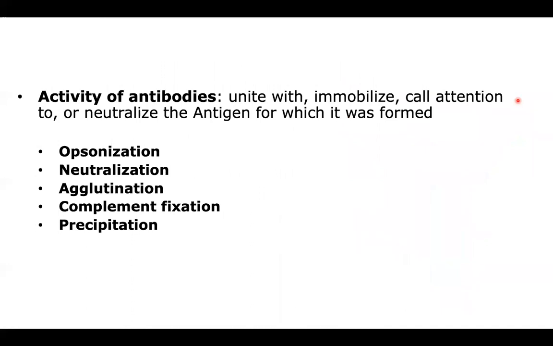So once these antibodies are produced, they can do a number of different things. Probably the most common thing they do is neutralization, meaning that they bind to the antigen, or to an incoming virus or something like that, and stop that pathogen from being able to bind to and infect cells in the body.